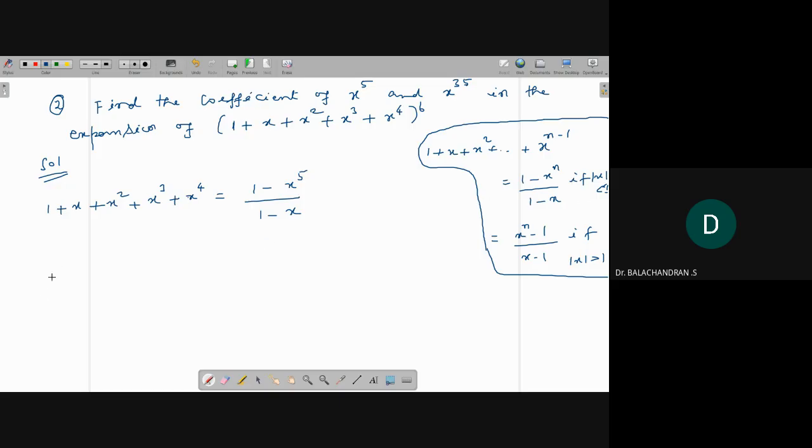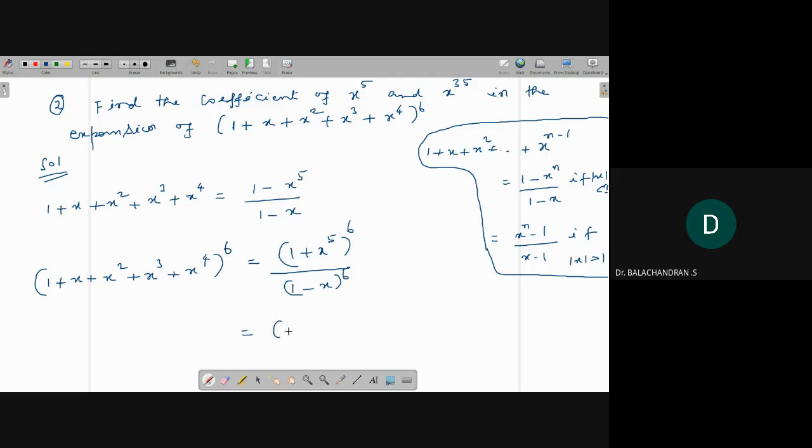So now 1 plus x square plus x cube plus x power 4, I need whole power 6. So this is equal to 1 minus x power 5 whole power 6 divided by 1 minus x whole power 6.